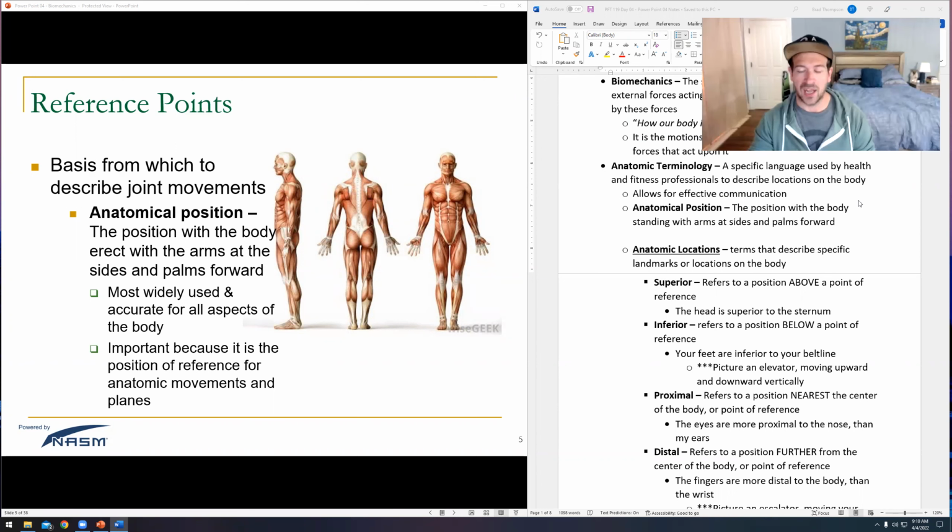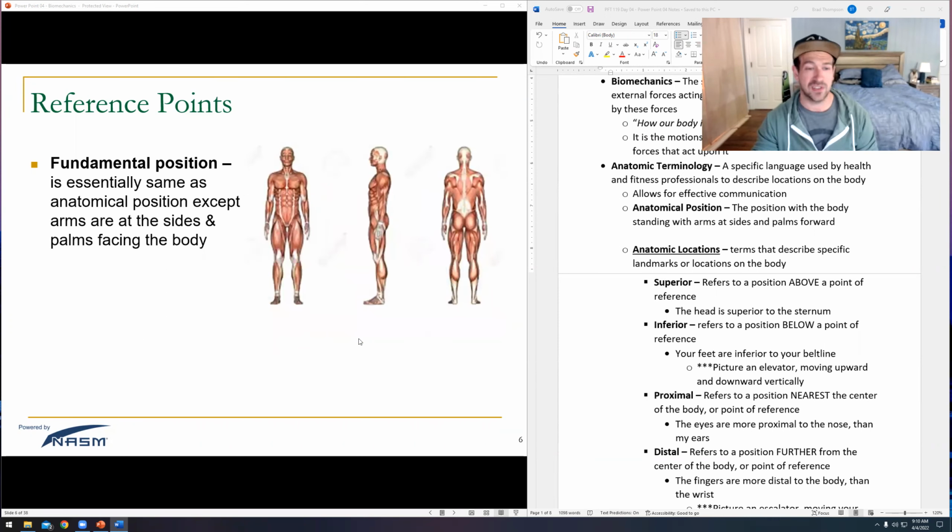That way, if we know that this palm is facing forward, now we have pronation and supination. We have a specific starting point, so we can have that language, right? And then the fundamental position is the exact same thing, except your palms are facing inward, which is sort of how we actually stand. So you're standing in a little bit of internal rotation, right?